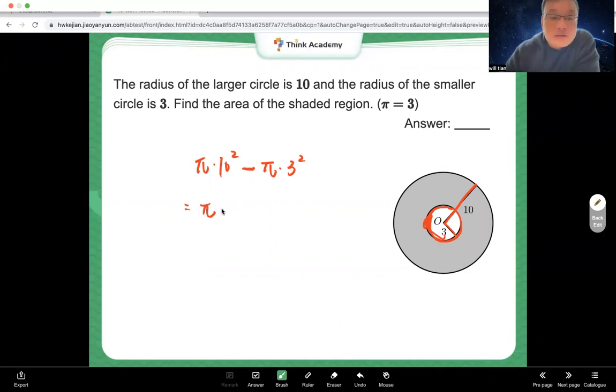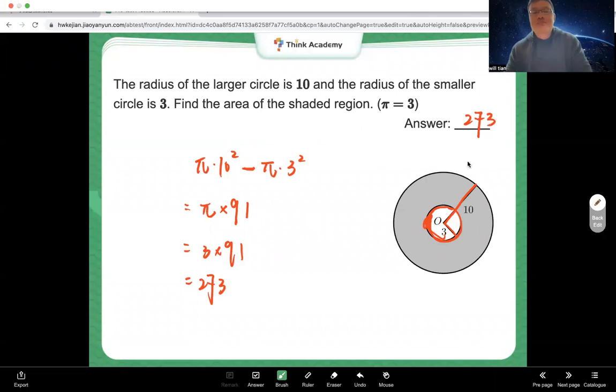Actually, it's going to be 100 minus 9, which is 91, right? And you take pi equals to 3, that'll be 3 times 91. 1 times 3 is 3. 3 times 9, 27. So that's it. 273. That'll be the answer.